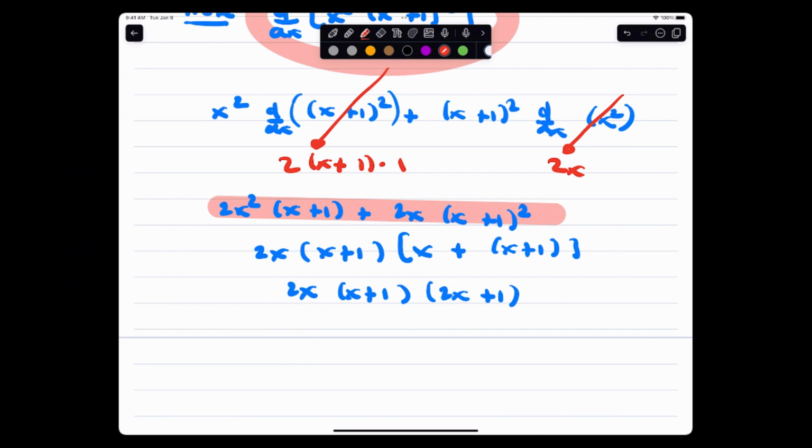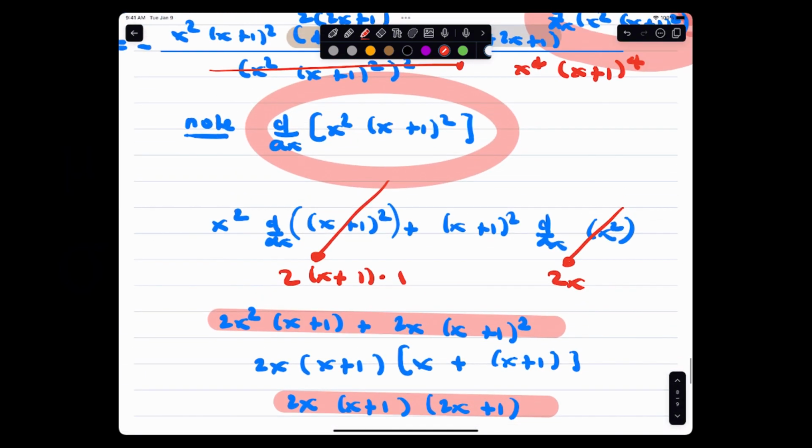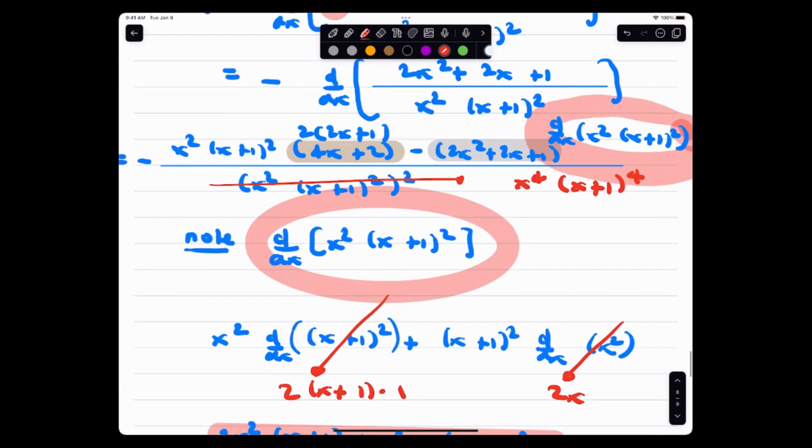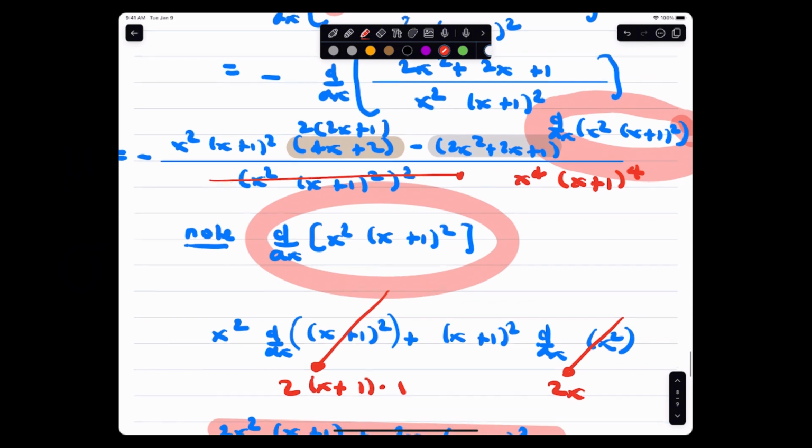Okay, that looks a lot nicer. Let me double check though, because I'm not awake. Yeah, I think that's okay. All right, 2x, x plus 1, 2x plus 1. I'm going to factor that one, and that is a lot nicer.